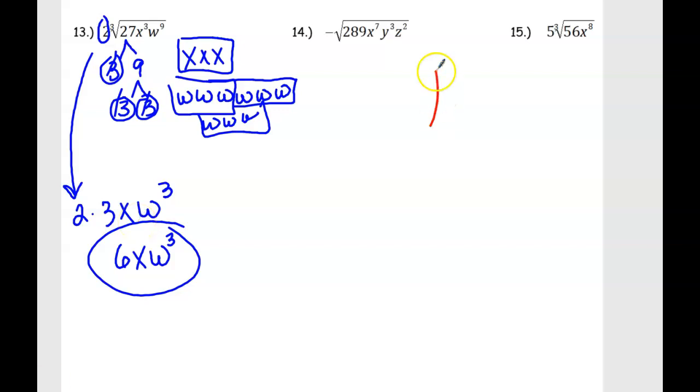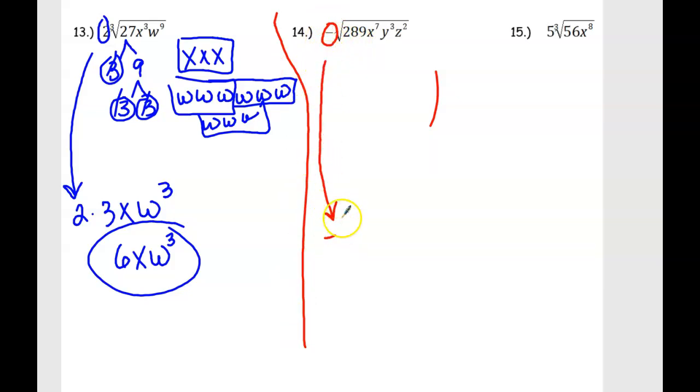All right, looking at 14. 289. I'm not going to forget about this negative. I've got to bring that down. We're going to start with 289, and it's actually a perfect square. It's 17 times 17, and they're both prime. So 17 comes on out, and don't forget that negative, so it's negative 17. Now let's look at our x's. We have 7 of them.